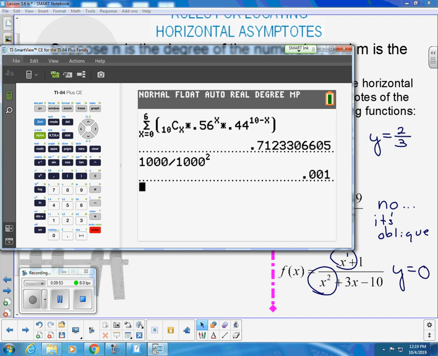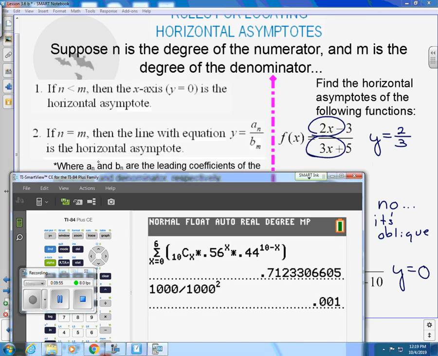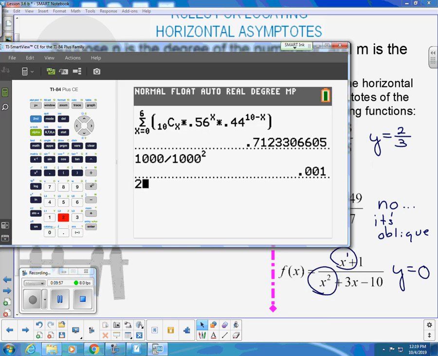Okay. If you go to the top one, 2 times 1,000 divided by 3 times 1,000. I know I can multiply it in my head, but I'm not. Ooh. Okay, so you can see.